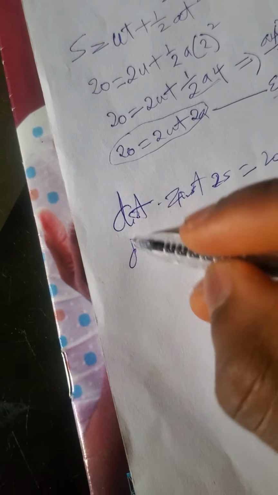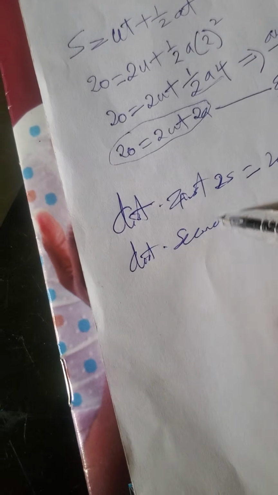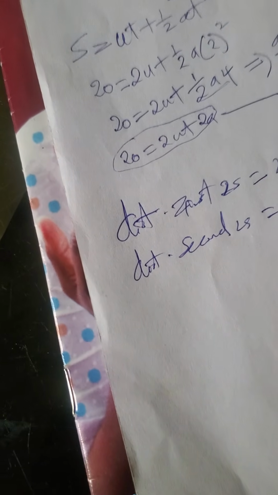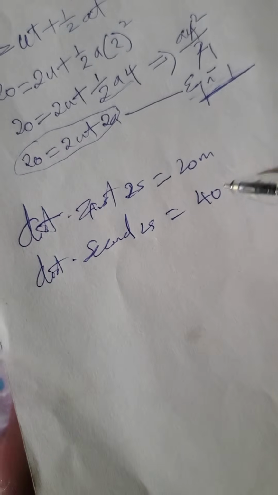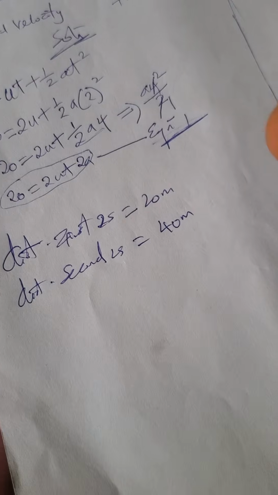Since the distance in the first 2 seconds gave you 20 meters, and the distance in the second 2 seconds is 40 meters, all this information is from the question. Now you add them, and once you add them you get the total distance.